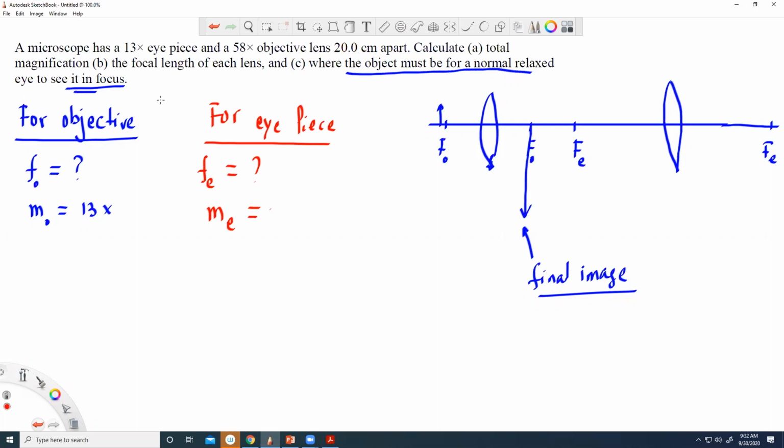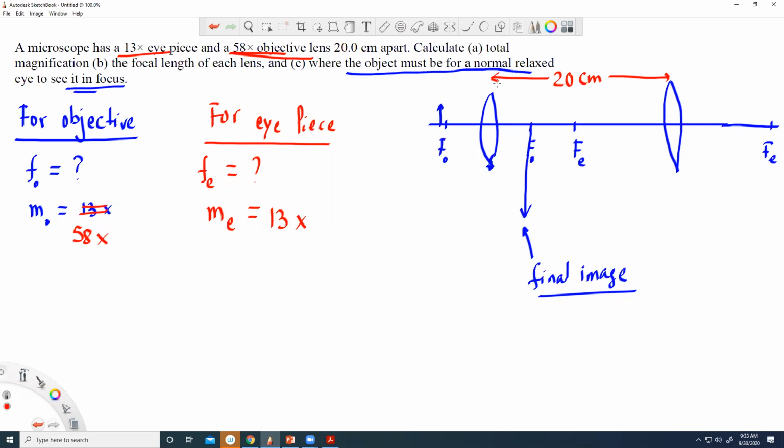Sorry, I think I got it wrong here. So for objective, it's 58 times. Okay, so objective is 58 times magnification, and eyepiece is 13 times magnification. Okay, that's what we have. And then the other information we have is these lenses are 20 centimeters apart. That's all we have.